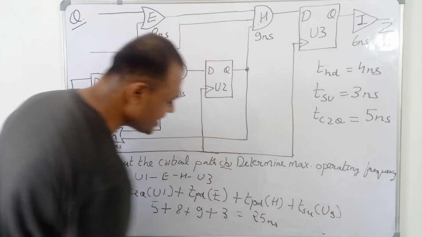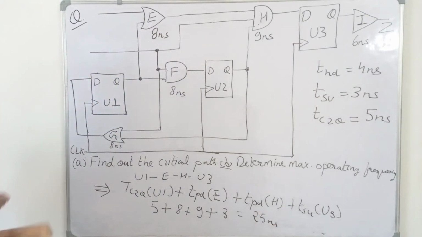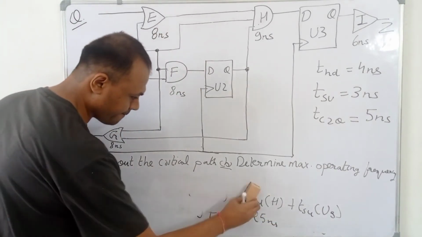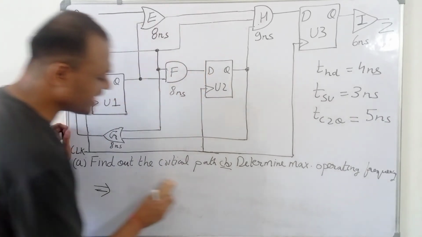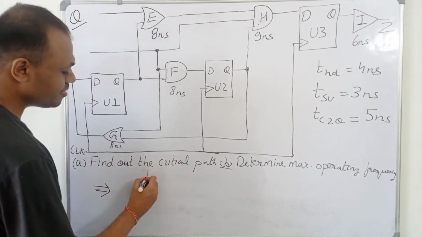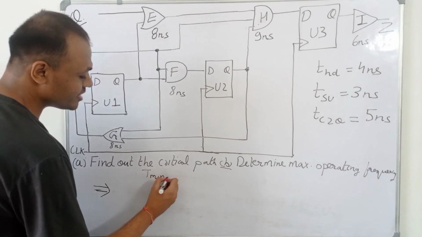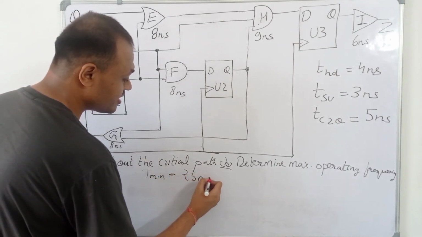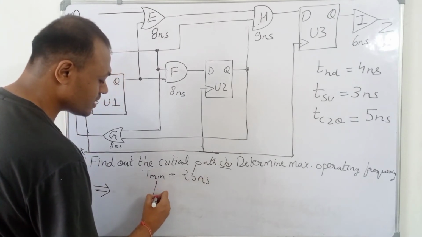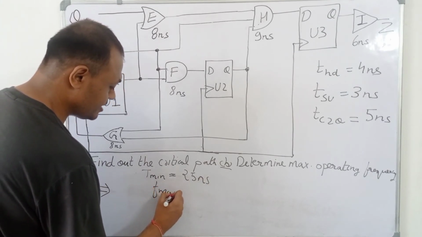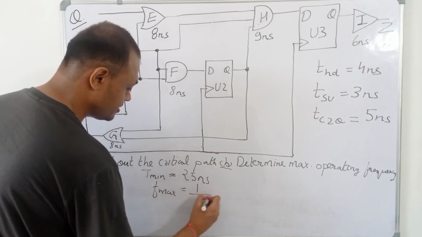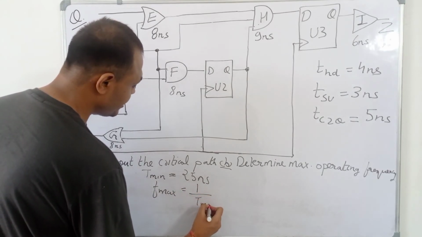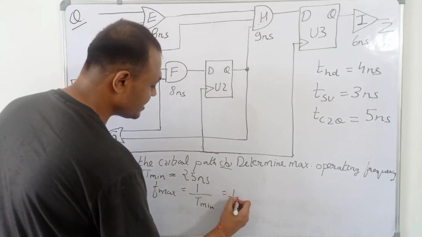So the time period is equal to 25 nanosecond. T minimum is equal to 25 nanosecond, because this is the slowest path. F max is equal to 1 upon T min, which is 1 upon 25 nanosecond.